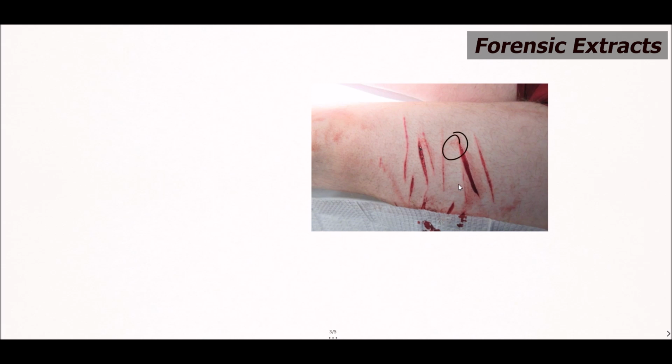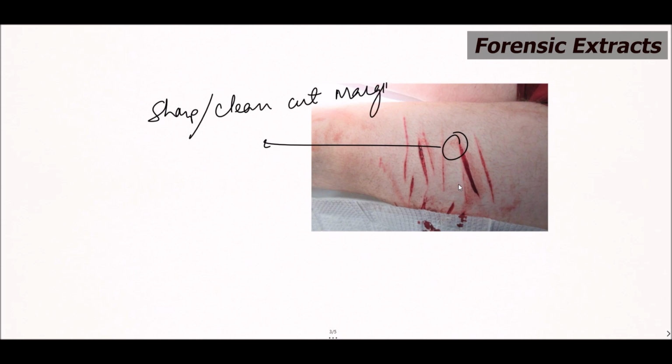These are having sharp margins. So first is the sharp or clean cut margin. These are the injuries which are having clean cut margins. And the tissues in the floor of the wound are cleanly cut, completely cut.